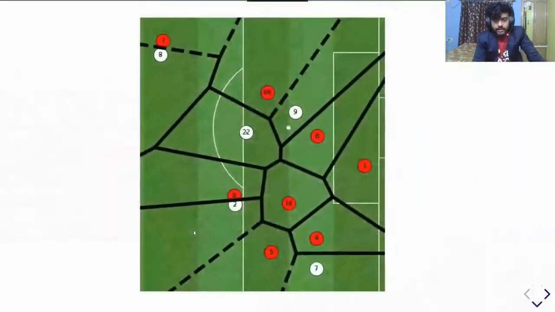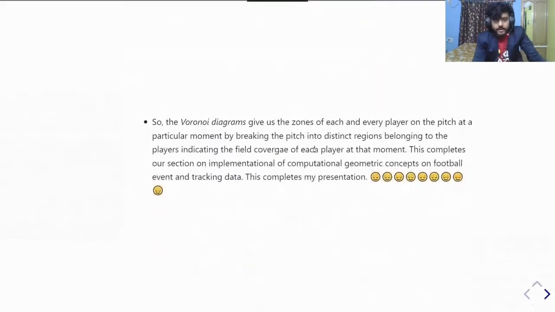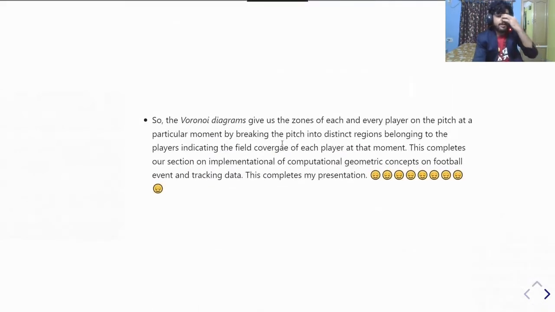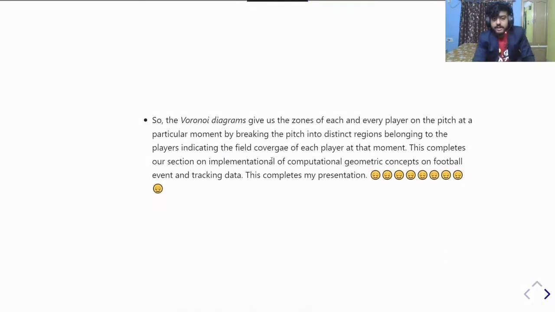So that's what we do here. So this is what the Voronoi diagram looks like. The Voronoi diagrams give us the zones of each and every player on the pitch at a particular moment by breaking the pitch into distinct regions, as we can see here, belonging to the players, indicating the field coverage of each player at that particular moment.